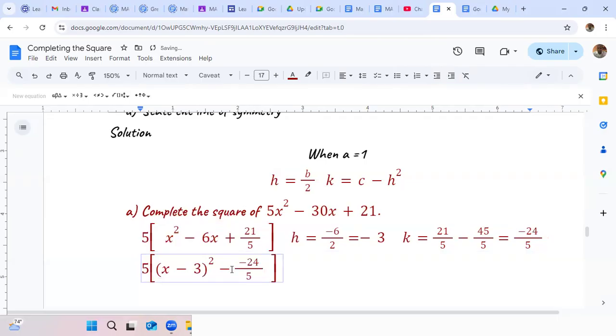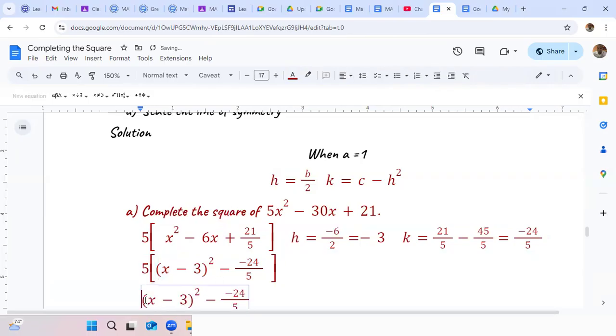So we are not through completing the square, because we have to clear out that square bracket by multiplying by 5. So 5 will be multiplied to the curved bracket.